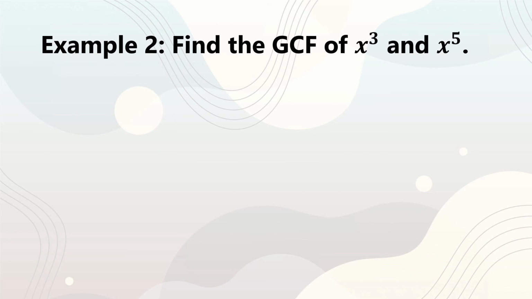Okay. We can use the same procedure to get the greatest common factor, or the GCF, of algebraic expressions. So for example 2, we are asked to find the GCF of x cubed and x to the power of 5. Similar process.